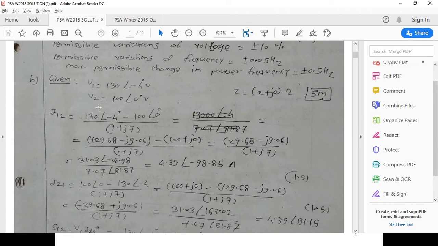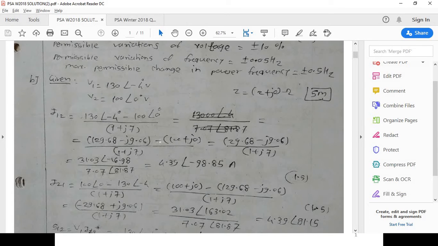That's why we have to convert these polar values into rectangular values. That is, 130 at an angle of minus 40 degree, which is in polar form, can be converted into rectangular form, which is equal to 129.68 minus j9.06, and the value 100 at an angle of 0, that is V2, which is in polar form, in rectangular form will be equal to 100 plus j0.